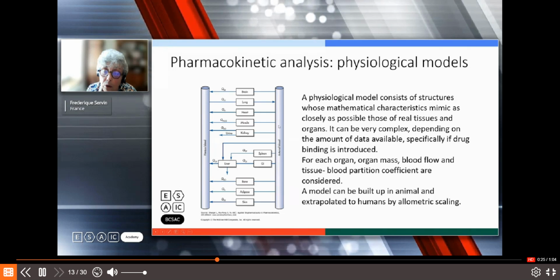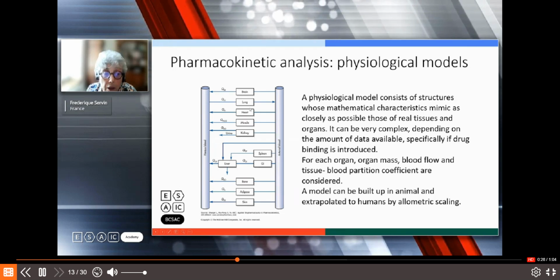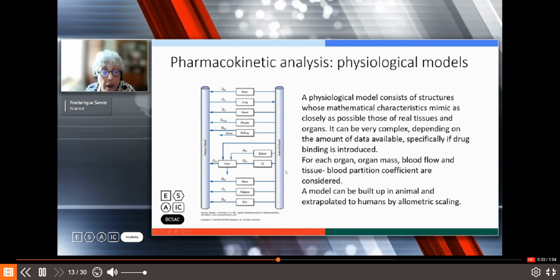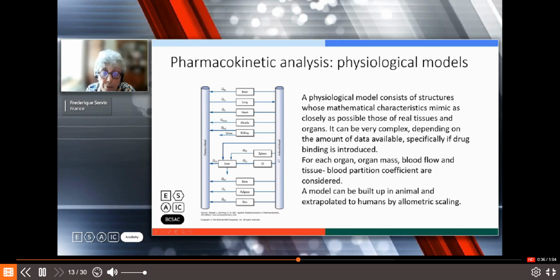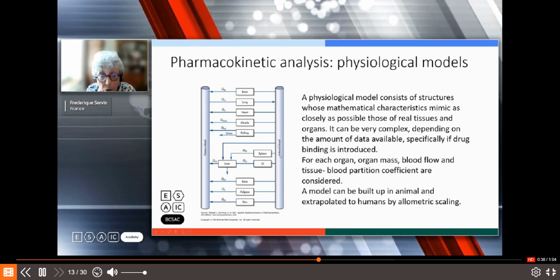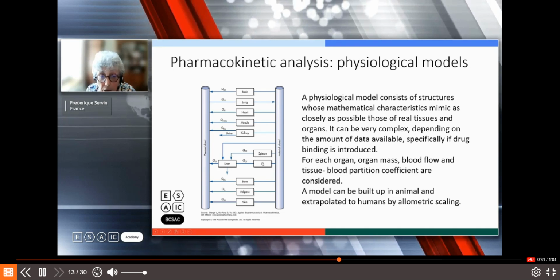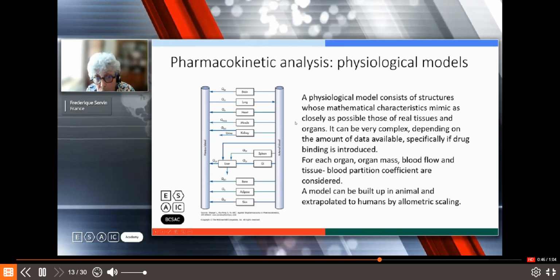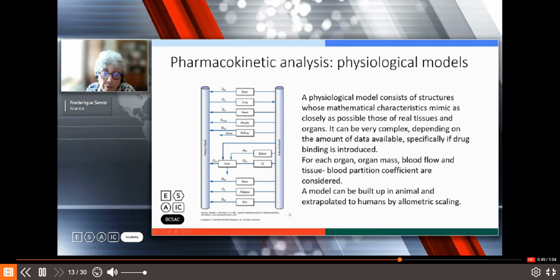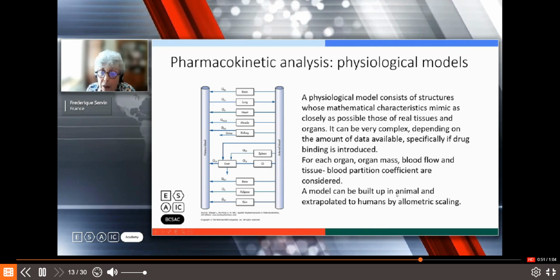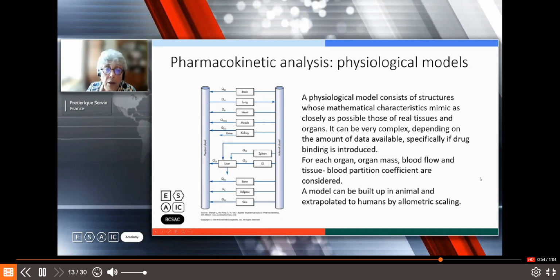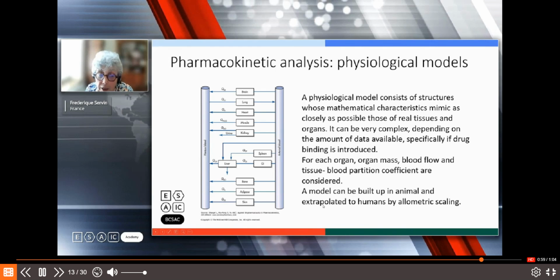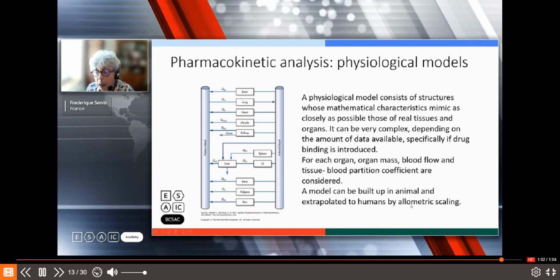You will model all the different organs with their own parameters, and thus define rather precisely the time course of action of the drug in the body and through the different compartments. It is useful to study pathological states, and as not all the data are available in humans, you can build that kind of models in mammals, and then you extrapolate it to humans by allometric scaling.